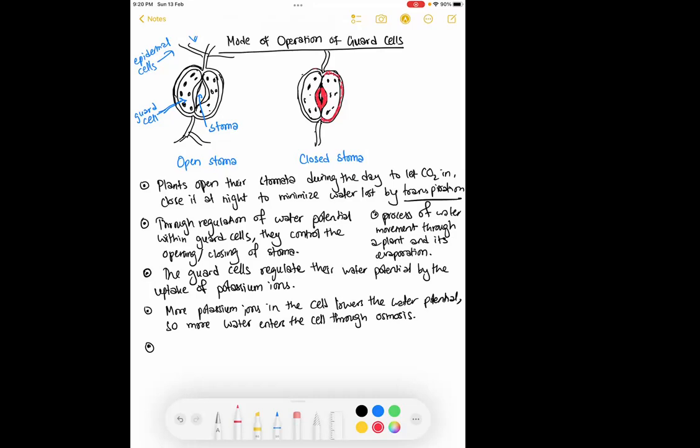So the cell wall on this side will expand even more than the inner side. So what will happen? It will become more curved, okay? And that's how this stoma will open, because the cell will become curved.